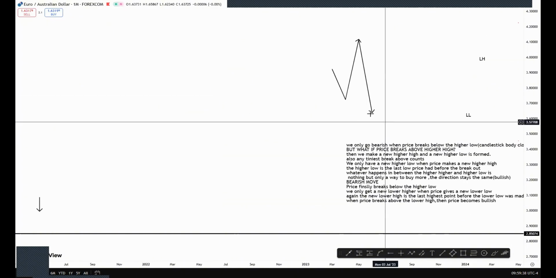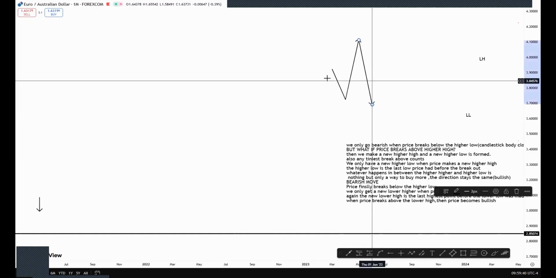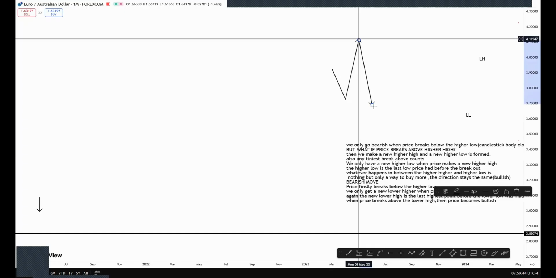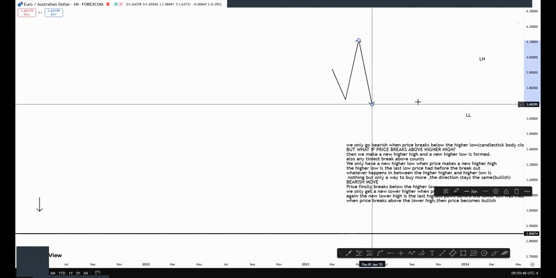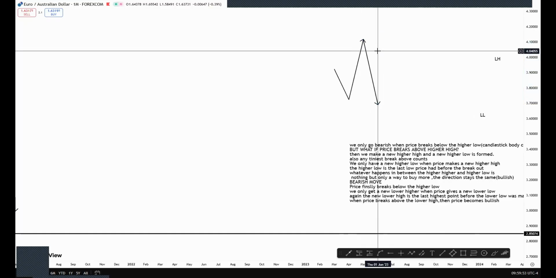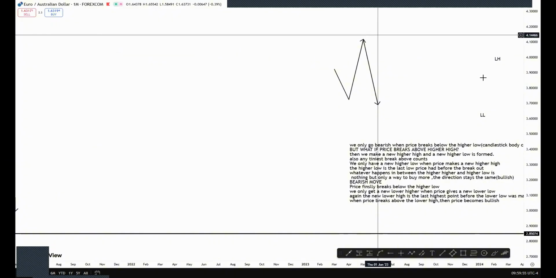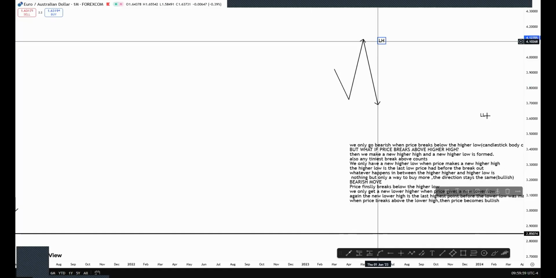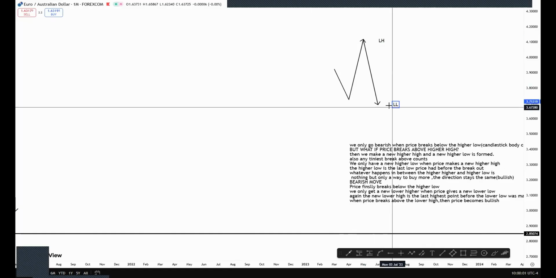Even with this small push here, you can see that price at this higher low, this was the higher high, but price broke below the higher low. Now it's bearish, and since it's bearish, our last highest point before the break is this one. So this becomes our now lower high, and this becomes our new lower low.